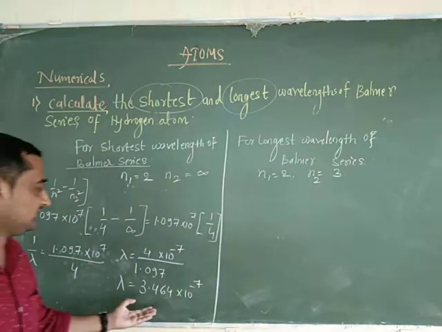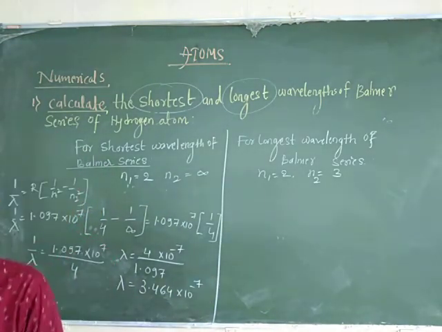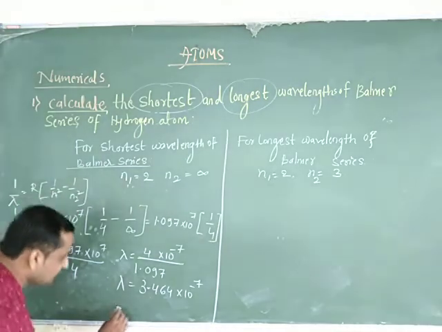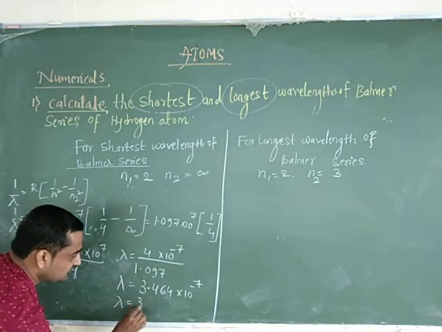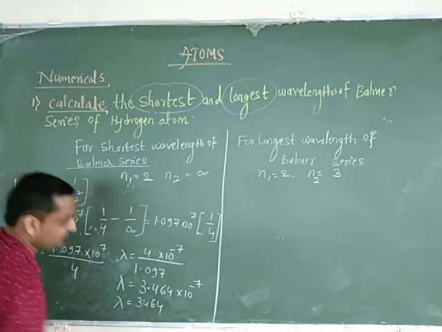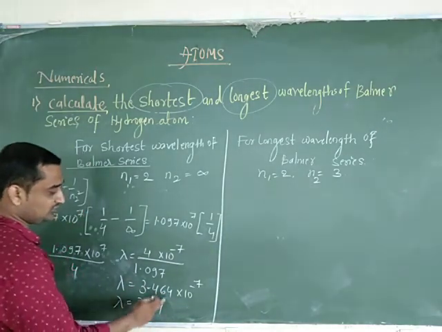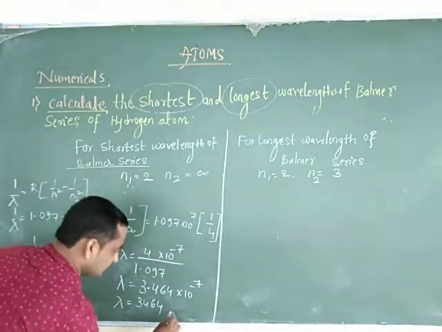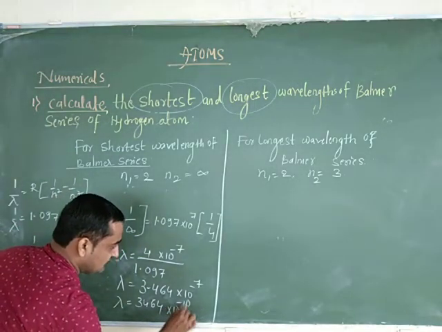Now I want to write this value in terms of nanometer or angstrom. If you want to write this in angstrom, lambda is equal to 3464, so I took 3 digits to the left side, 10 to the power minus 3 into 10 to the power minus 7, so it is equal to 10 to the power minus 10 meter.